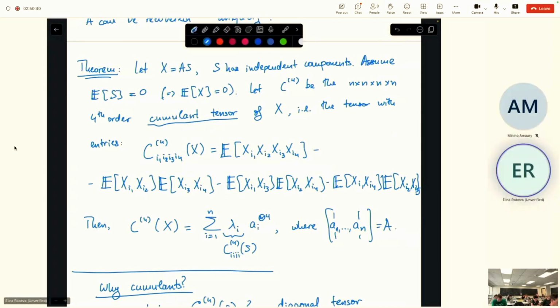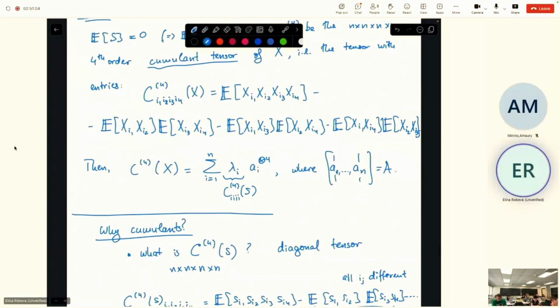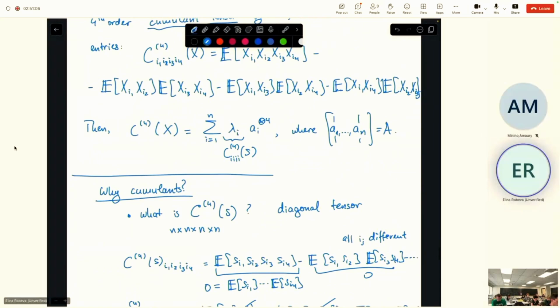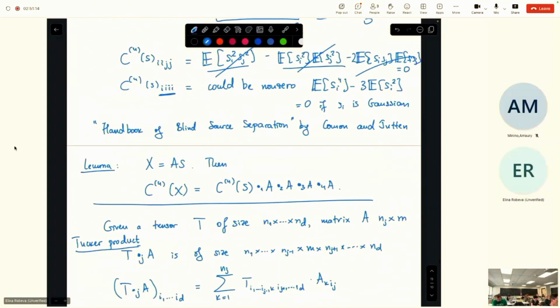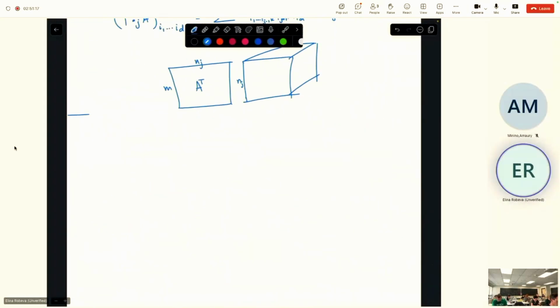Things could cancel out for the third. So the fourth is like the first one where everything is nice, and we could go higher, but that's just more work for no reason. Yes, exactly. The third cumulant might be 0 where you don't want it to be 0, and the fifth one could also be 0. And the higher you go, the more error there is in the estimation of the empirical cumulant, so you really want it to be lower. All right. More questions?